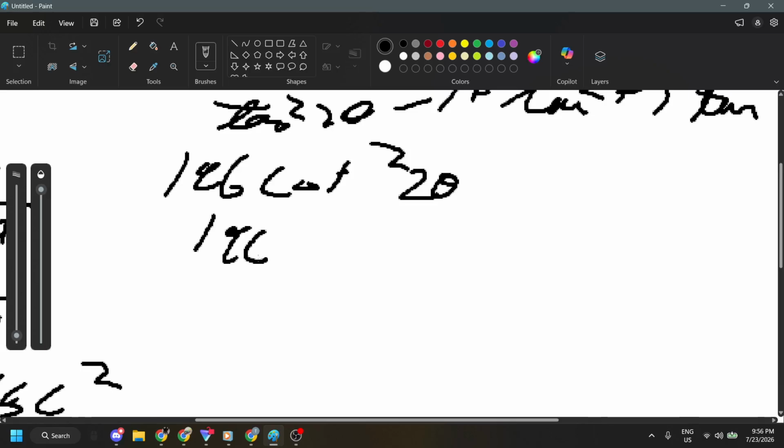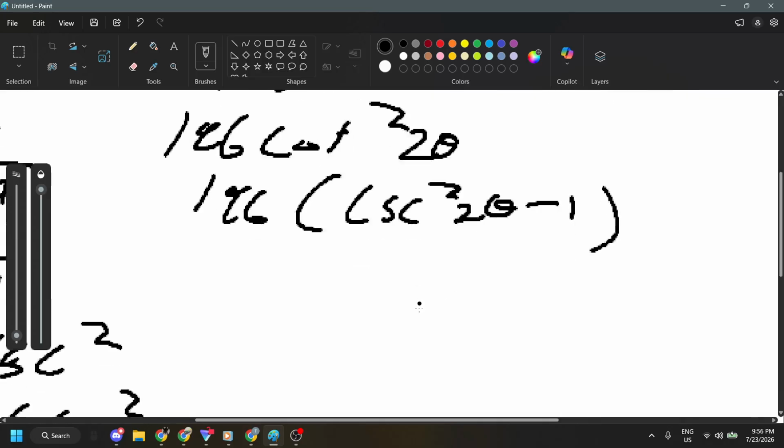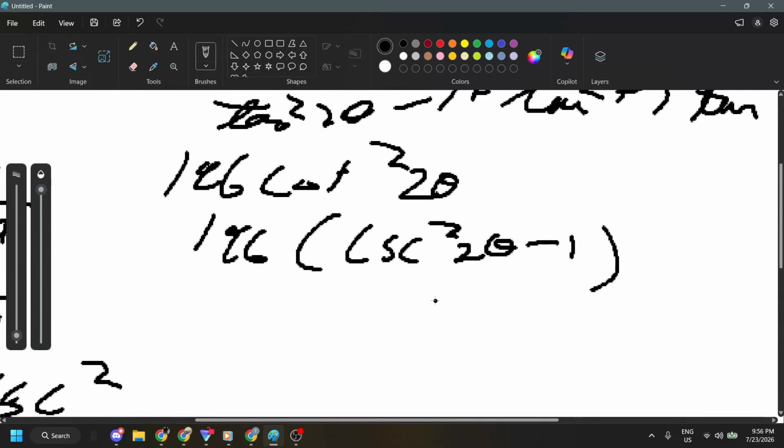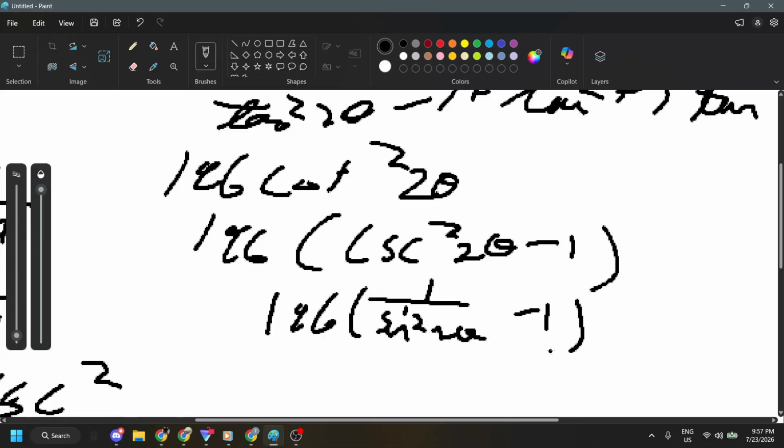So now we have 196 times cosecant squared of 2 theta minus 1. So cosecant squared is much simpler. Cosecant is 196 times 1 over... Freak, this always messes me up. This is 1 over sine of 2 theta. Sine squared 2 theta minus 1.